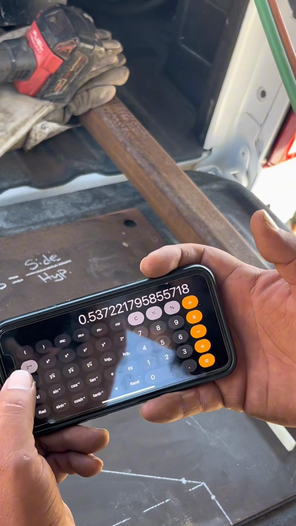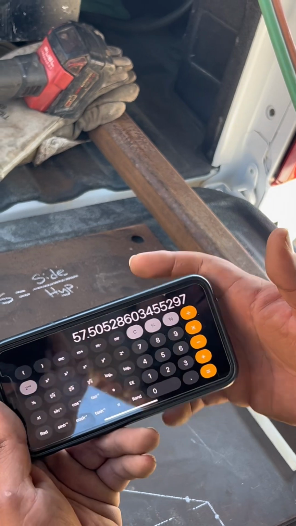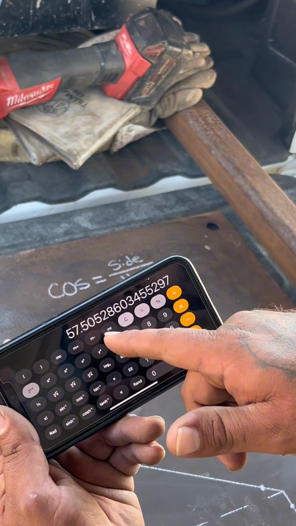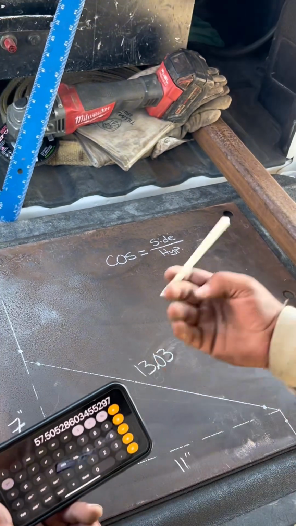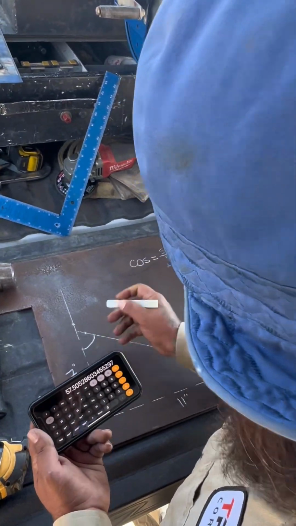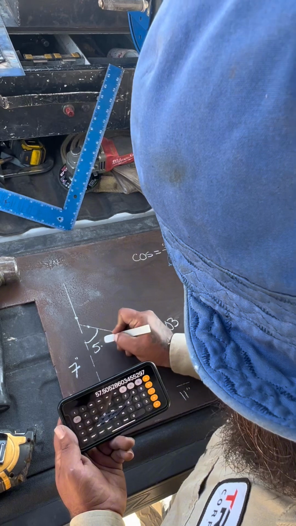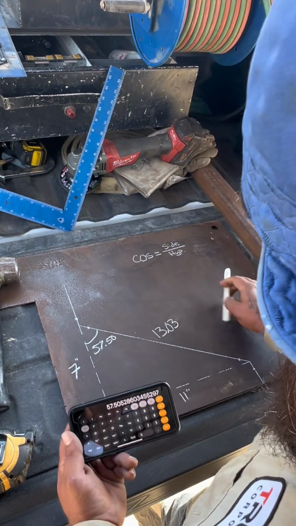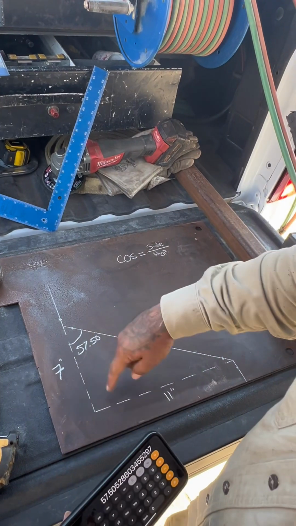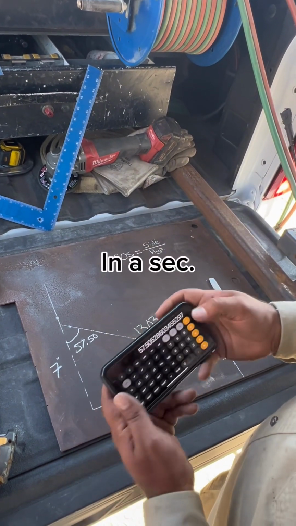So you're going to hit second cosine, and it's going to give you 57.50 and then a bunch of more numbers. But this is going to be your degree. So right here, this is going to be 57.50.